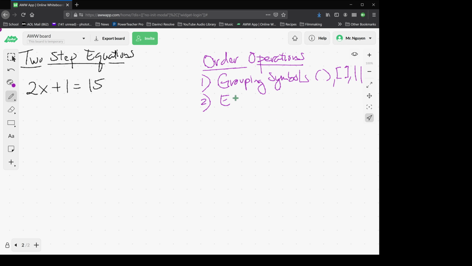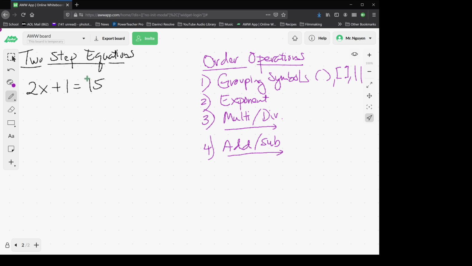Next is exponents. So if you have a problem with grouping symbols, you have to do that first, and then the next thing you do is exponents, if it's there. Next, you do multiplication and division, and these are equivalent. You just work them from left to right. I'm just going to draw an arrow there from left to right. The same thing goes for addition and subtraction. You work these from left to right as well. Okay, so that's just a recap on the order of operations. Hopefully you guys remember that.